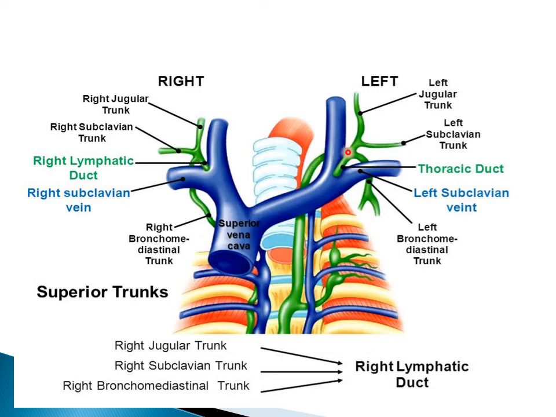There is an additional trunk that is joining, that is the thoracic duct, which is only on the left side, and they will drain at the junction between the left internal jugular vein and the left subclavian vein. So that is how the lymph collected from the head and neck is drained by these lymphatics into the junction of the internal jugular vein and the subclavian vein.